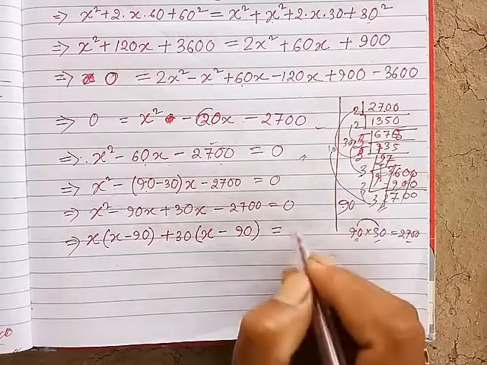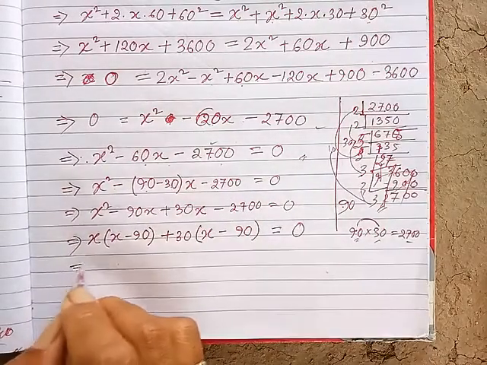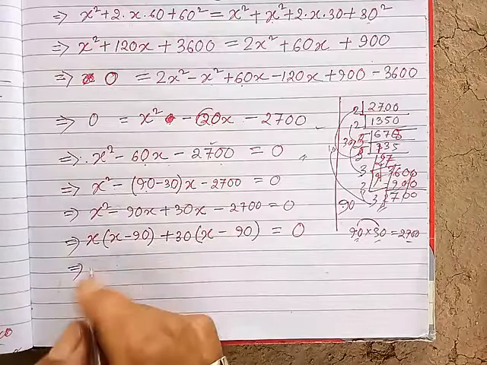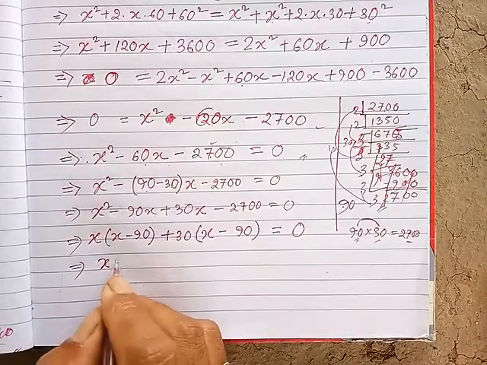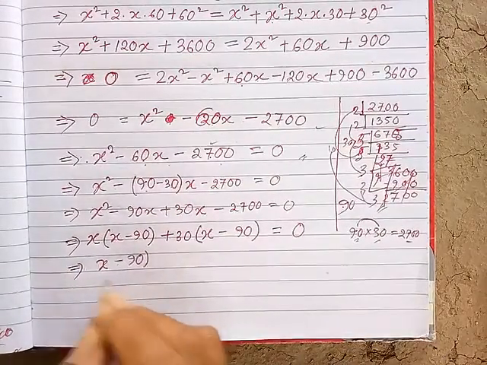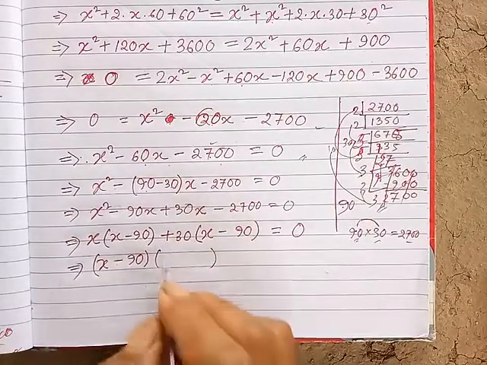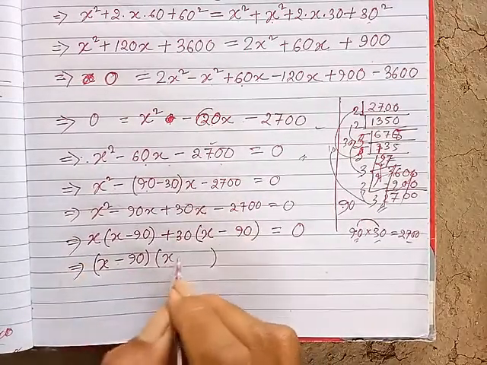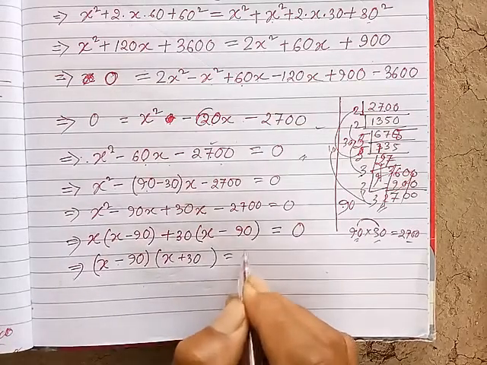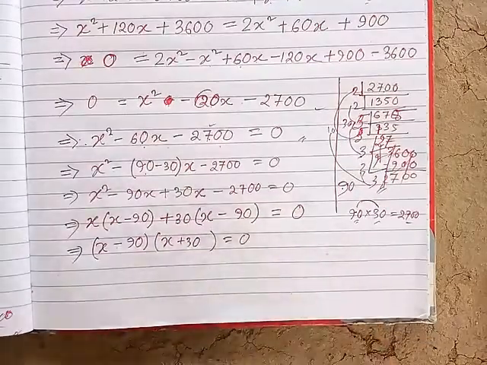Again from these two parts I can take x minus 90 as common, and inside the bracket x plus 30 remains, equal to 0.